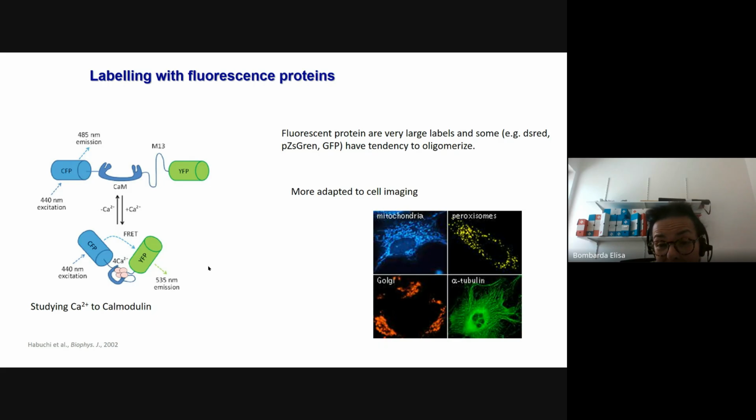And especially due to the fact that it's based only on molecular biology methods, you can also label inside the cell already, and it can be also used inside the cell.